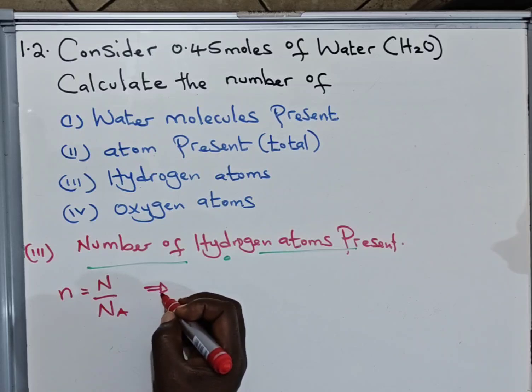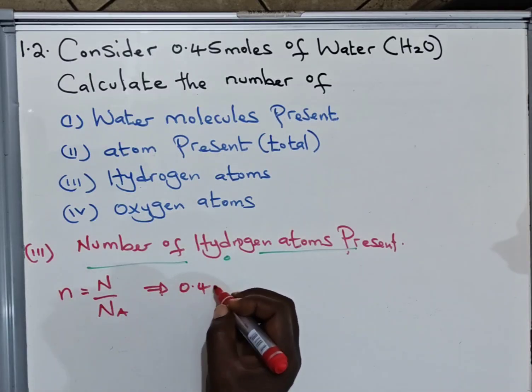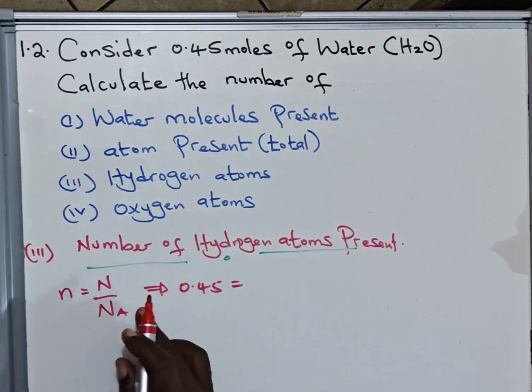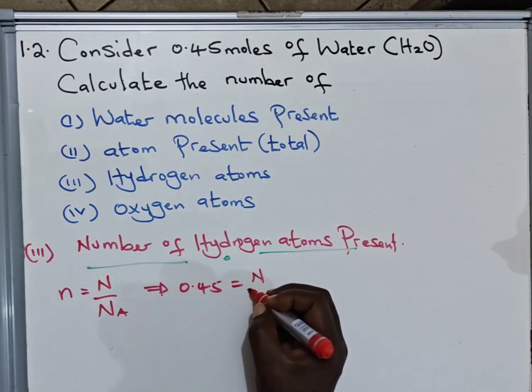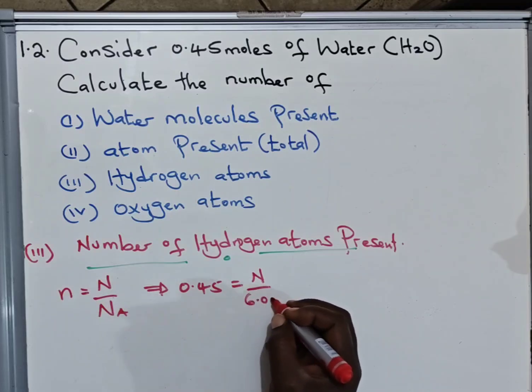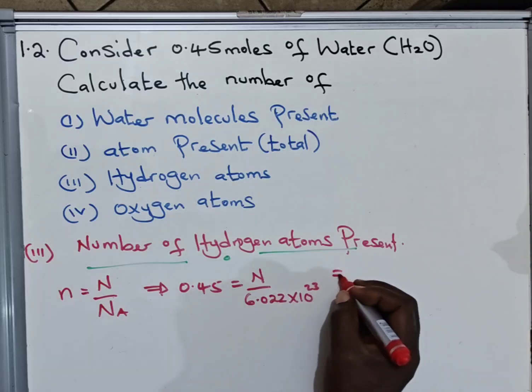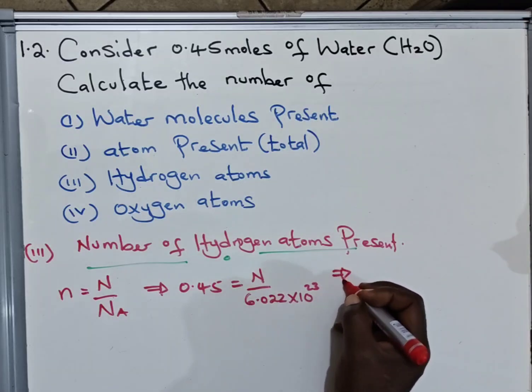From here, you substitute. Our n is 0.45, the number of molecules is wanted, and we know the Avogadro number, which is 6.022 times 10 power 23.